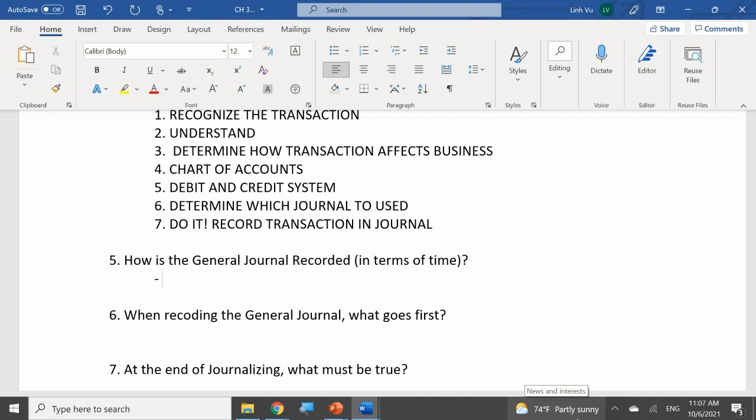No. In this case, in terms of time, like when should you journalize a transaction? That day? By day, okay. By date, which is also known as chronologically. In order by date.